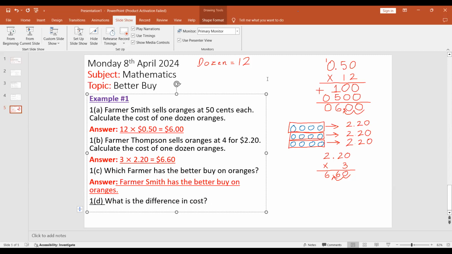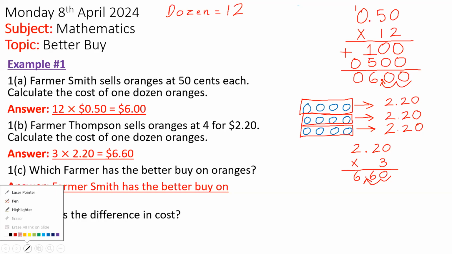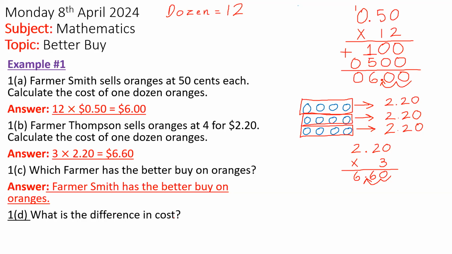So when we say what is the difference in cost, we have to subtract what Farmer Smith sells his oranges for from what Farmer Thompson sells his oranges for. Notice how we're going to subtract: we're going to put the one that is highest on top. Let me use a different color for this one.